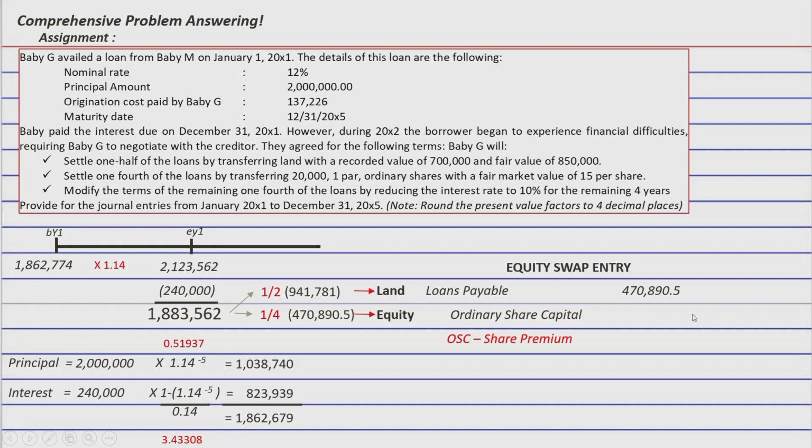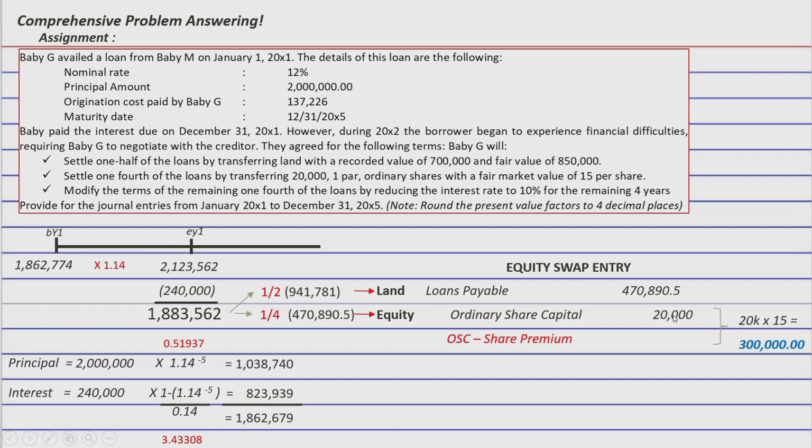So, 20,000 shares times 15 per share equals 300,000. That's the value of these two accounts. Remember, the ordinary share capital account shall be measured at par value only. Since the par value is only 1, the value of this account is 20,000 shares times 1, which is 20,000.